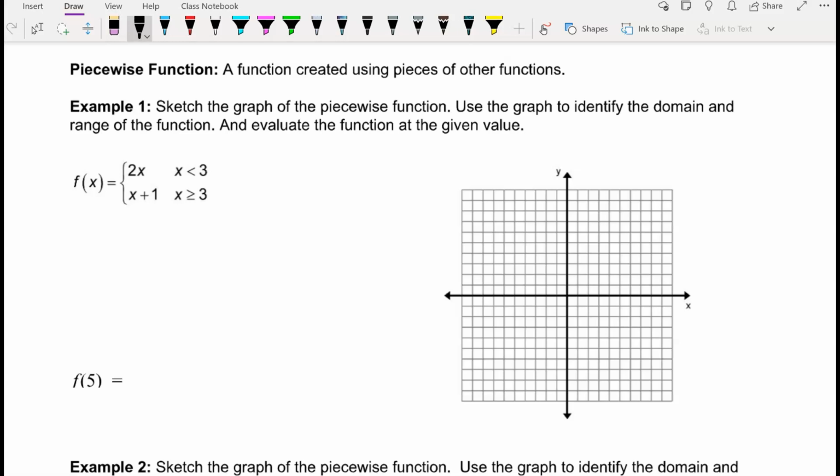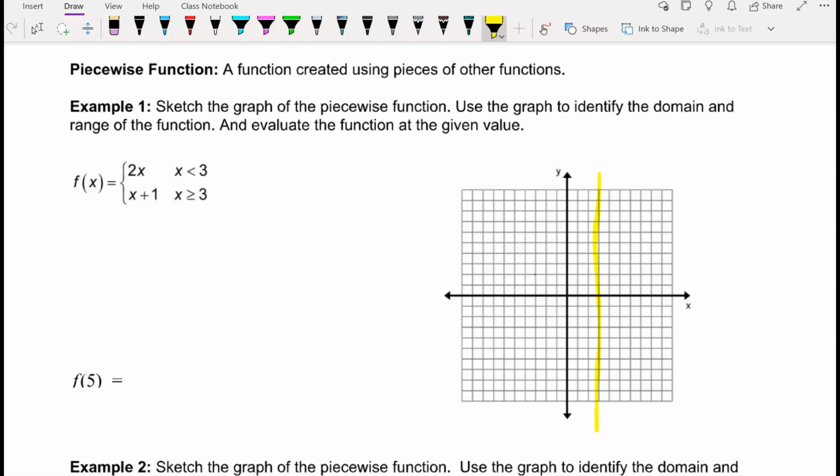So when graphing piecewise functions, we look at the function and its restricted value. We're wanting 2x where x is less than 3. So at 3, we're going to draw an imaginary line. I'm just going to highlight that, because that's going to be my imaginary line.